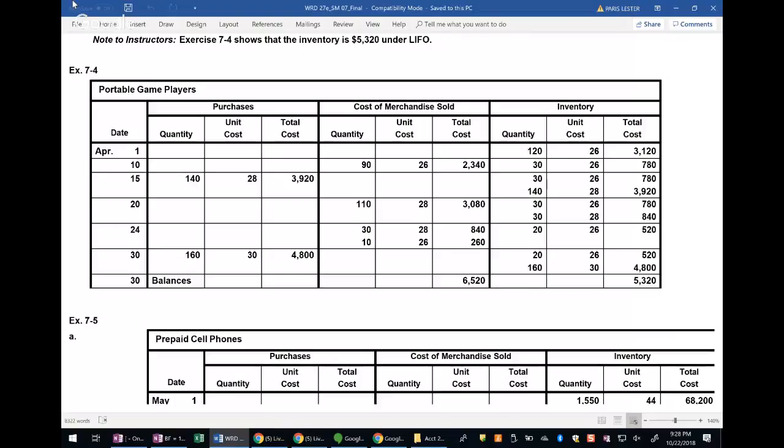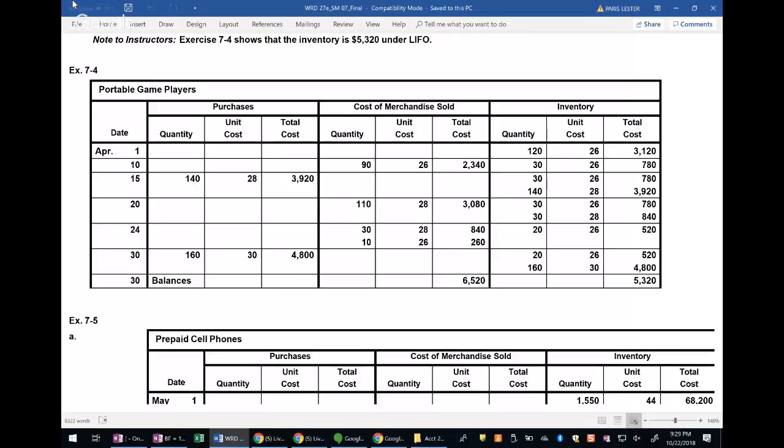Your merchandise at cost and retail, your purchases at cost and retail, gives you merchandise available at cost and retail. You divide cost by retail to get your cost percentage. And then your sales leaves you an inventory at retail of 30,000. But if you multiply that by the 62%, you get the retail at cost.